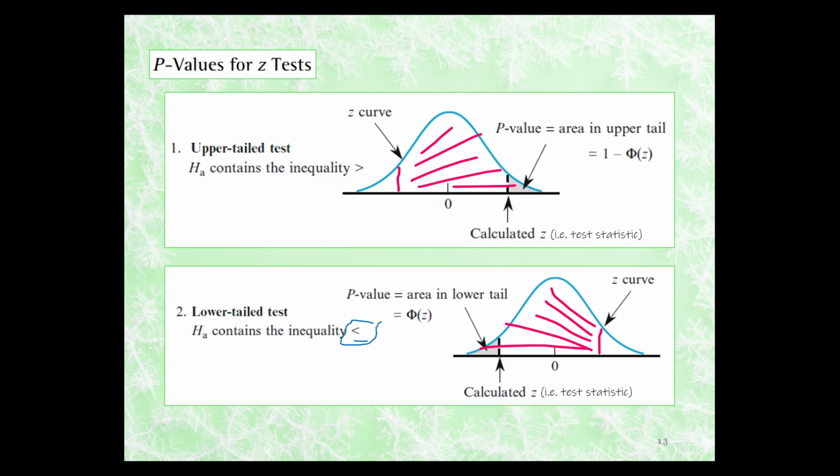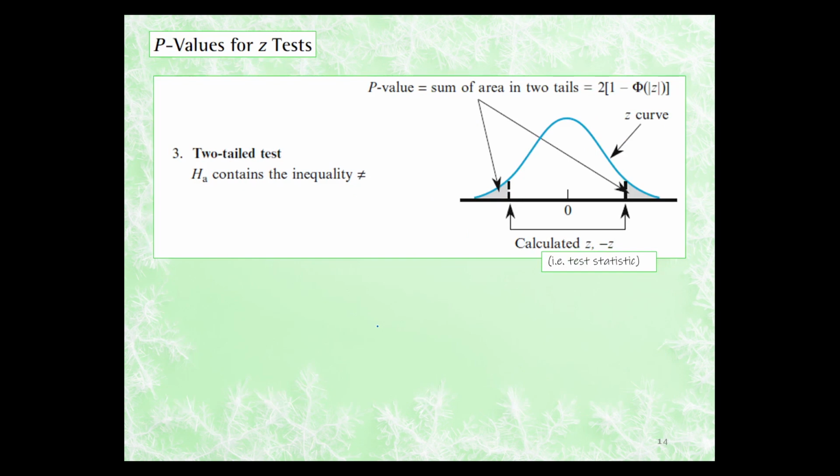And now we get to the bit that gets confusing. So this is the straightforward part. When we look at a two-sided test, we actually treat it a little bit differently. In a two-sided test, we are going to consider both directions. But let's say we have a test statistic that lies here on the left-hand side. Then we will take the area to the left of this negative test statistic, and then we also consider, but what if this test statistic was positive? What would that area be then on the right-hand side?